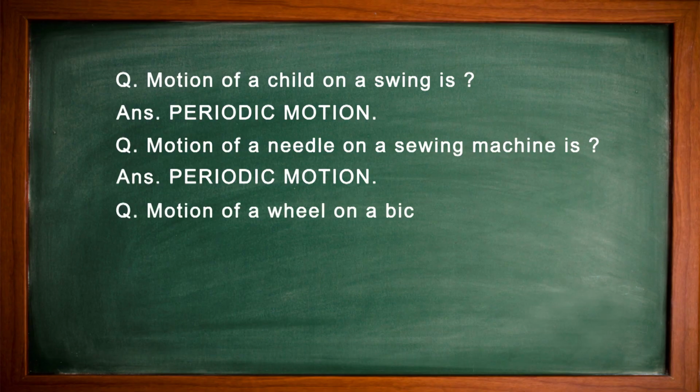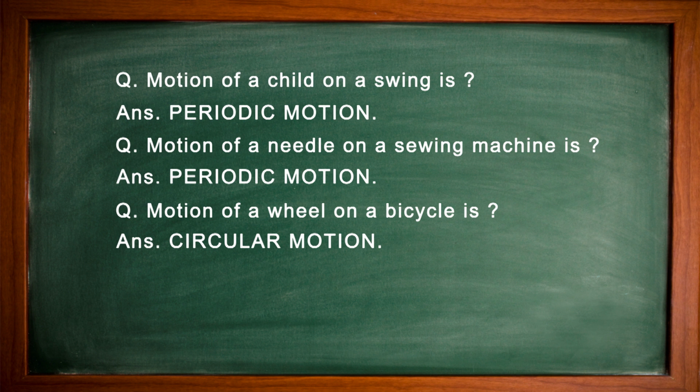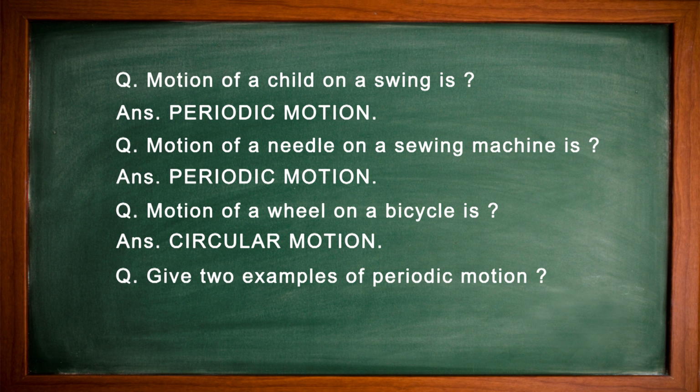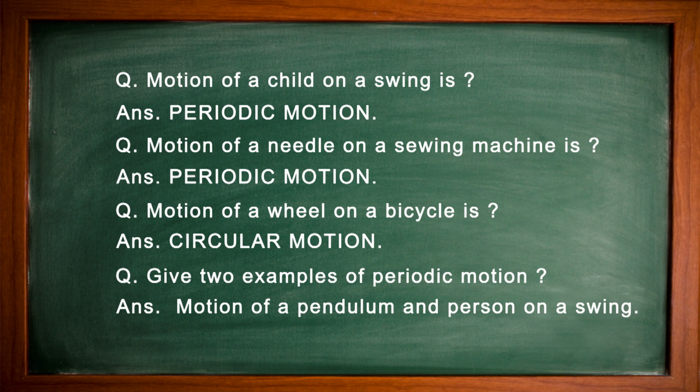Next, motion of wheel on a bicycle is circular motion. Next, give two examples of periodic motion. The two examples can be motion of a pendulum and a person on a swing.